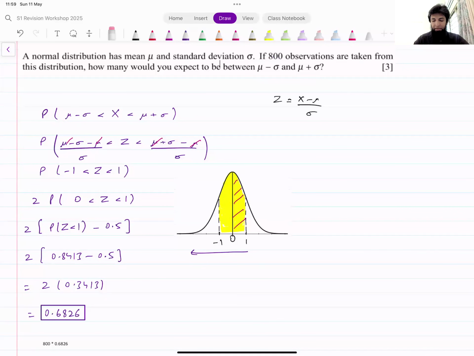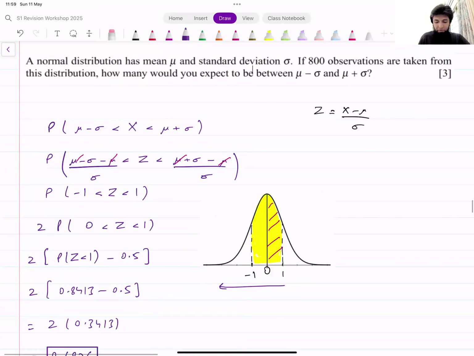For example, a distribution has mean mu and standard deviation sigma, and no numbers are given. If 800 observations are taken, how many would you expect to be between mu minus sigma and mu plus sigma? Let's first find the probability for one observation being within this interval.